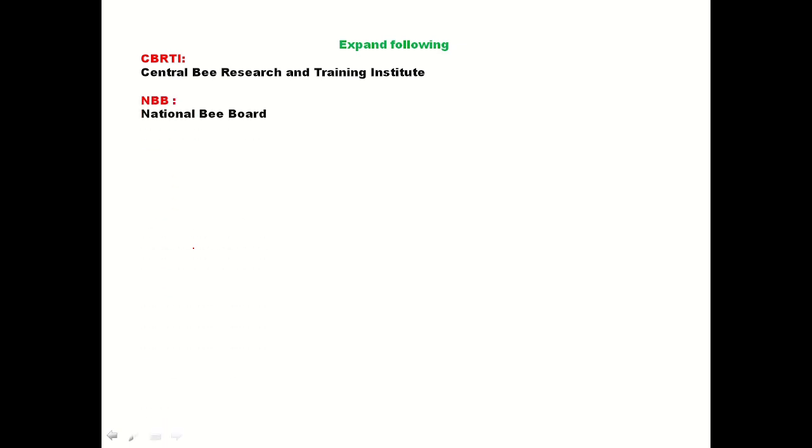Expand the following. CBRTI, Central Bee Research and Training Institute, located at Pune. NBB, National Bee Board, located at New Delhi. KVIC, Khadi and Village Industries Commission.